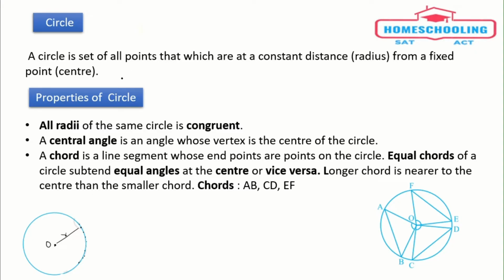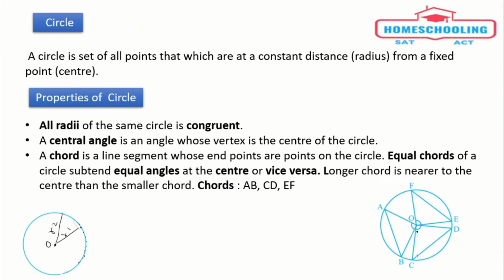Okay, now properties of circle. All radii of the same circle are congruent. So if this is one of the radii, R1, and we have another radius, R2, then both the radii are congruent or same. Now a central angle is an angle whose vertex is the center of the circle.